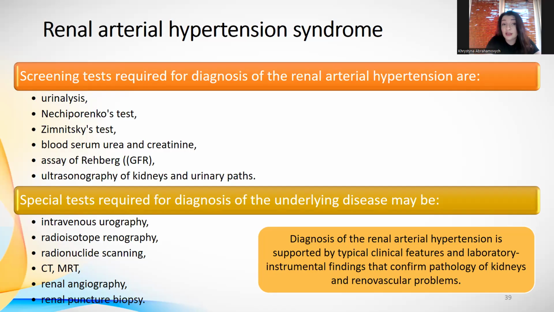Besides that, special tests are required for diagnosis of the underlying disease, and they may be intravenous urography, radioisotope renography, renal angiography, renal puncture biopsy, if necessary. It is necessary in case of diagnosing glomerulonephritis to specify what type it is. So diagnosing of renal artery hypertension is supported by typical clinical features and laboratory and instrumental findings that confirm pathology of kidneys and renovascular problems.